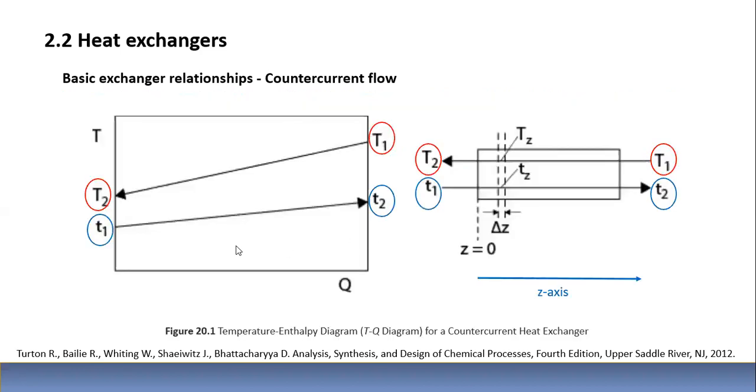In this simple example, if we have condensing steam on a heat exchanger, then condensing steam will be on the outside, or as it is called, on the shell side of the exchanger, while water, if we are heating up water, will be coming in on the inside of the tubes. So the steam and the water do not touch. They just do not mix. They only have an indirect heat exchange.